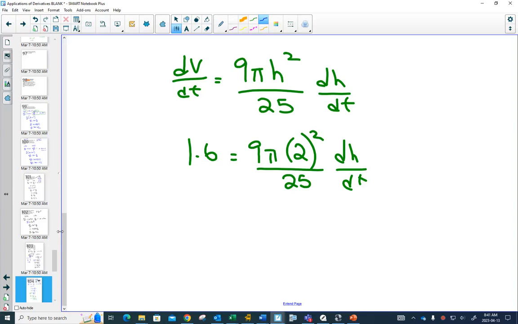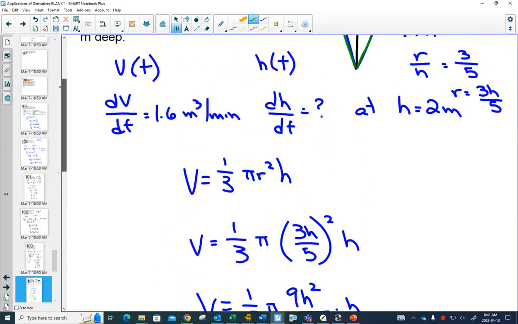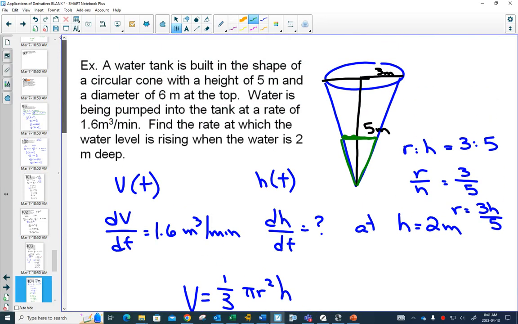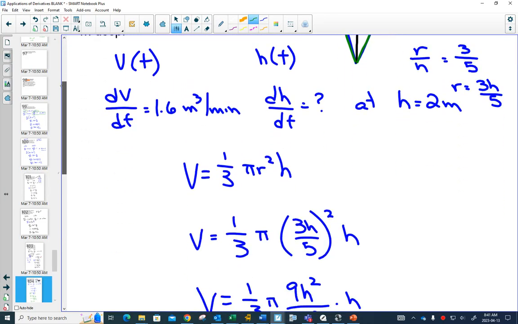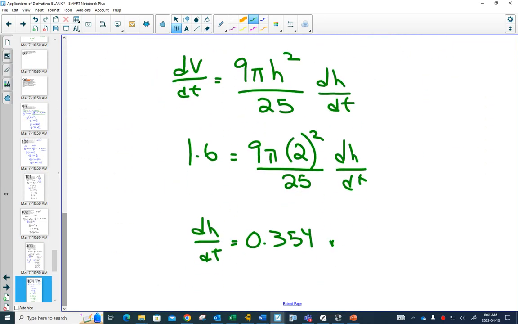And I got dH/dt equals 0.354, and our units were meters per minute. Does that match what I had written at least? Yeah. Perfect.